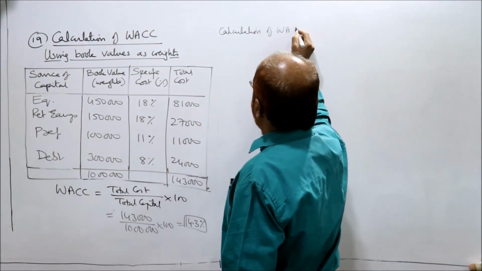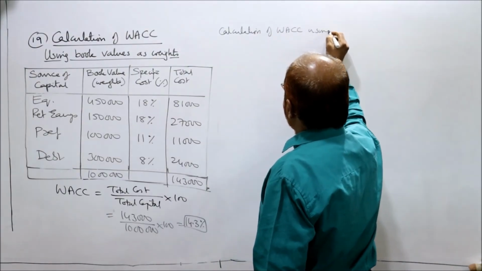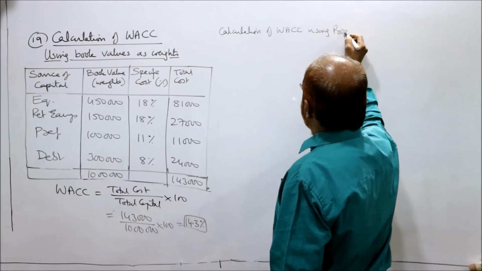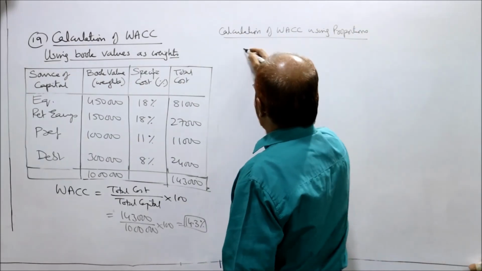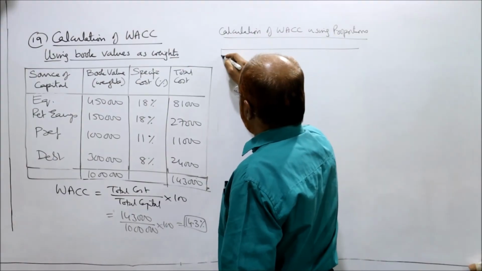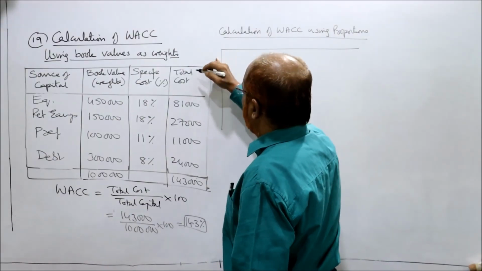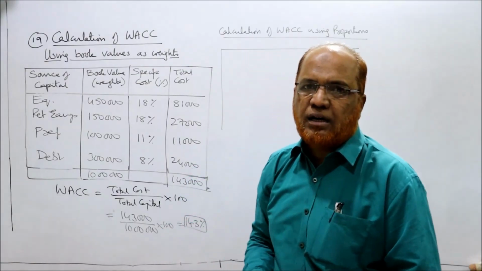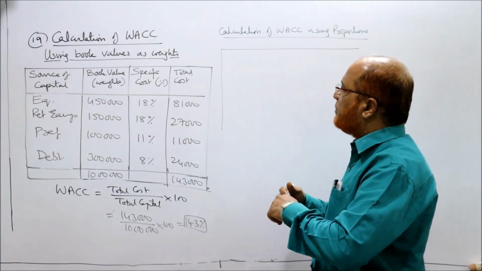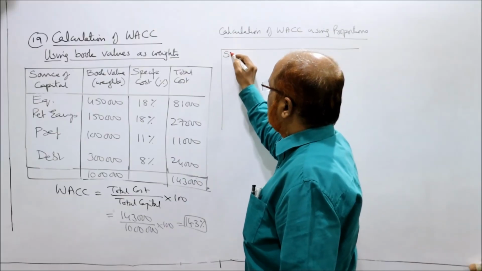Calculation of WACC using proportions. But in examination, only once if you calculate, that will be okay, either by taking the amount or by taking the proportion. For your information, I am applying both.